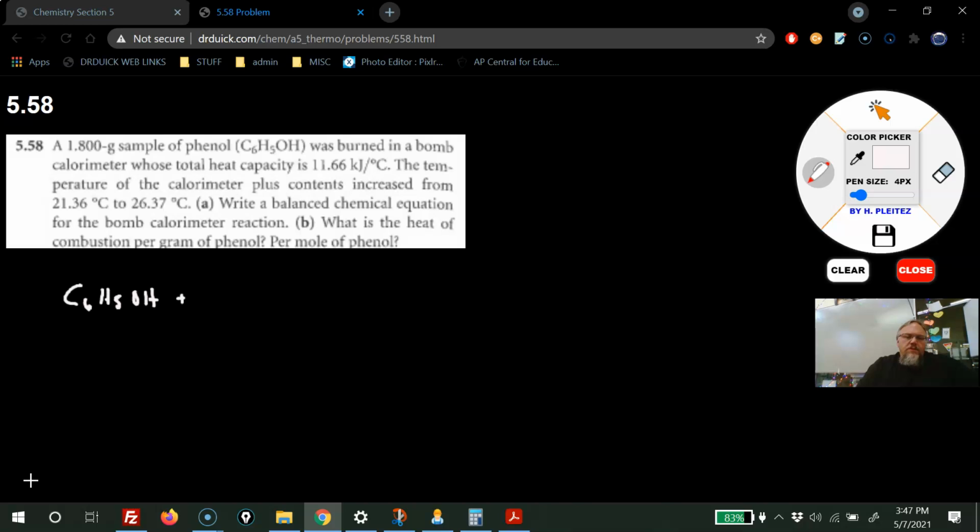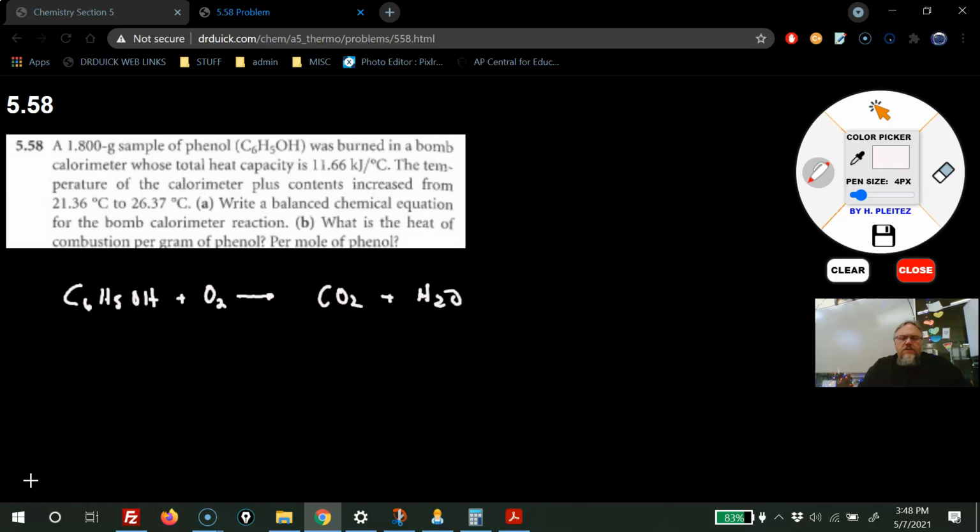C6H5OH, and we're going to blow this up with O2. So I'm going to add it with some O2. It's going to yield CO2 plus H2O, because it's a combustion reaction. I guess the easiest thing is to just look at this.